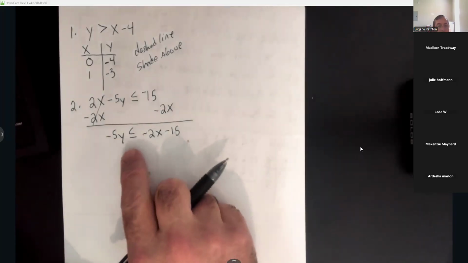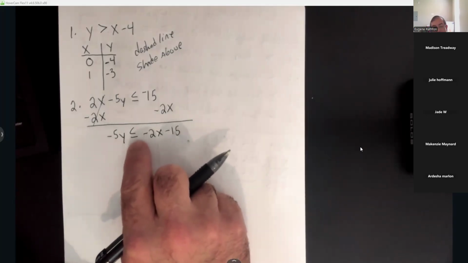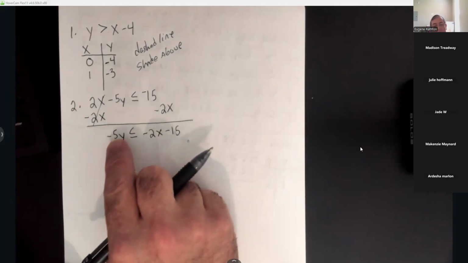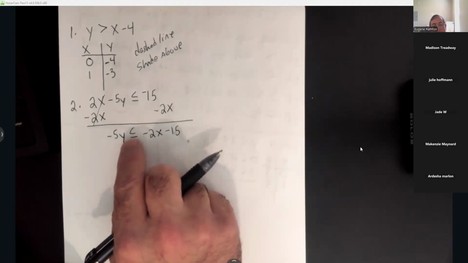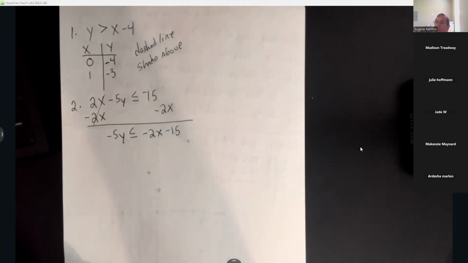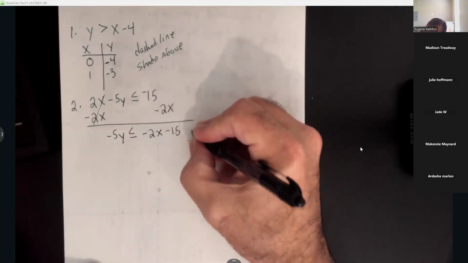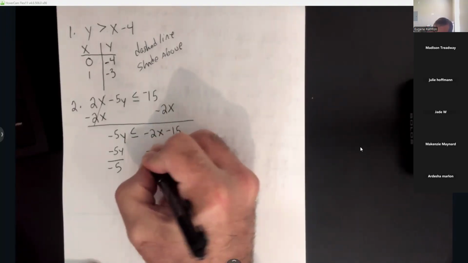So here's the thing on this one. When you're solving for an inequality like this, and I'm trying to make this y positive by dividing by negative 5, anytime we divide an inequality by a negative number, we got to reverse the inequality. So we're going to come in and divide everybody by negative 5.